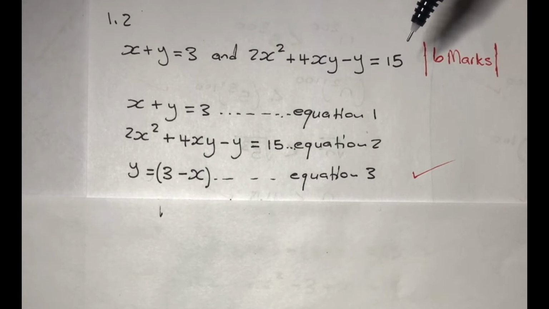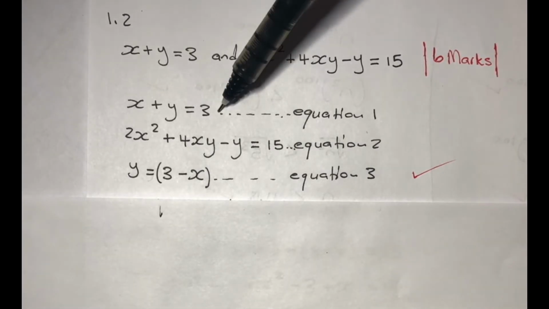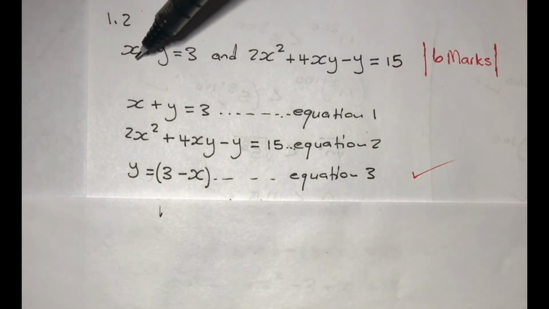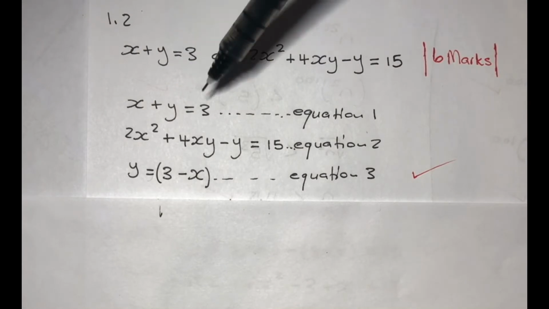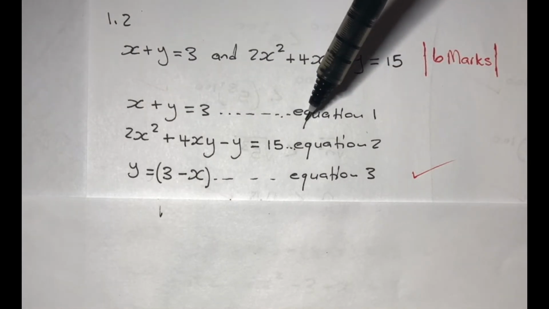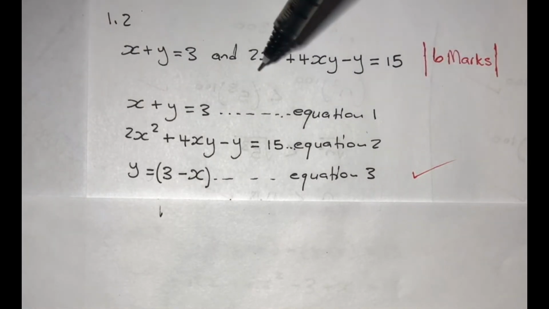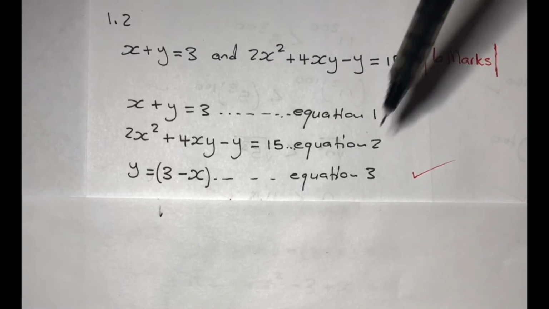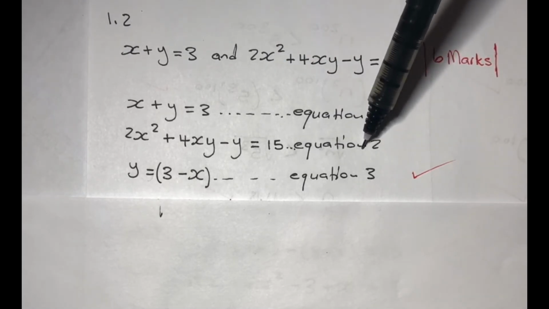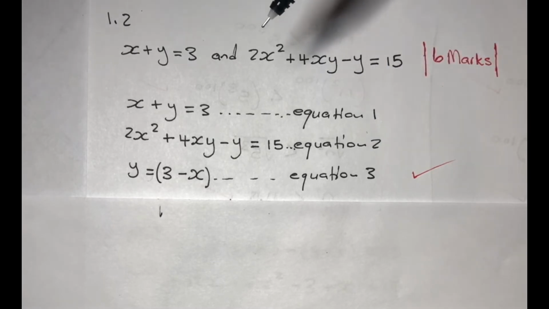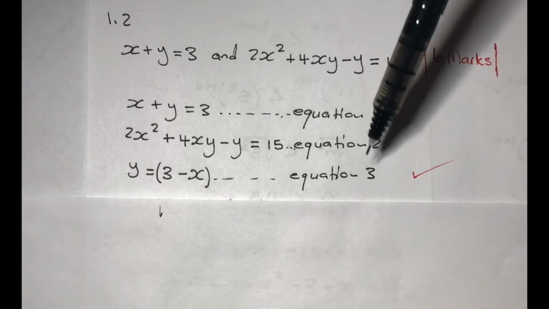It could be an equation that you generated from the given equations. So the first step is to come up with the third equation. You're given the first equation, x plus y, which you refer to as equation 1, and the other one you refer to as equation 2. You then come up with equation 3.